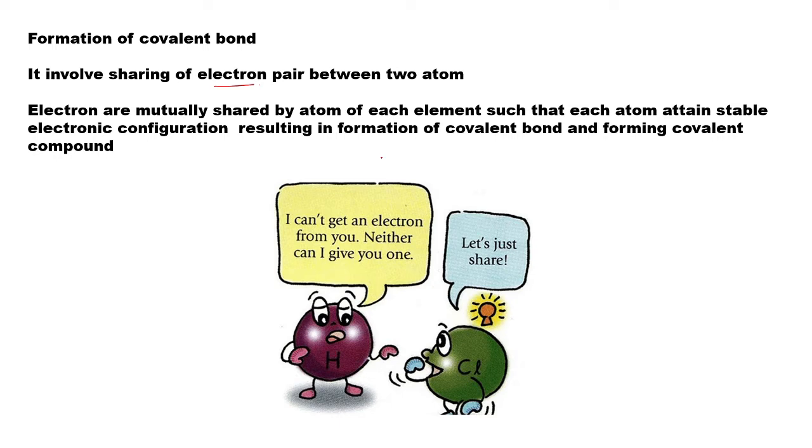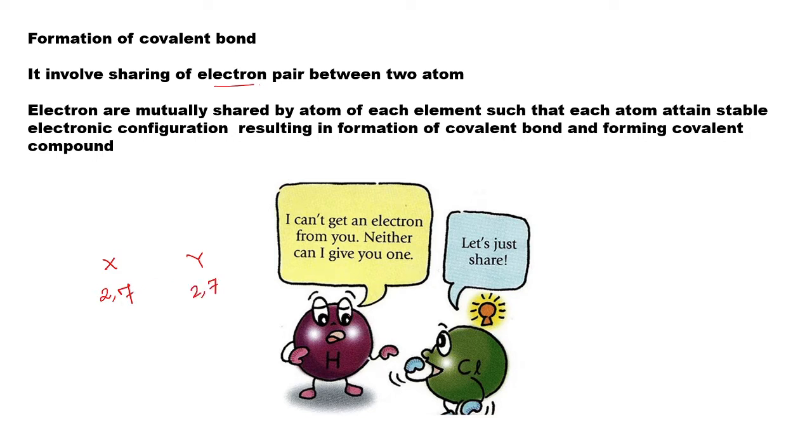For example, suppose we have a nonmetal X and another nonmetal Y, which have electronic configurations of 2, 7 and 2, 7.